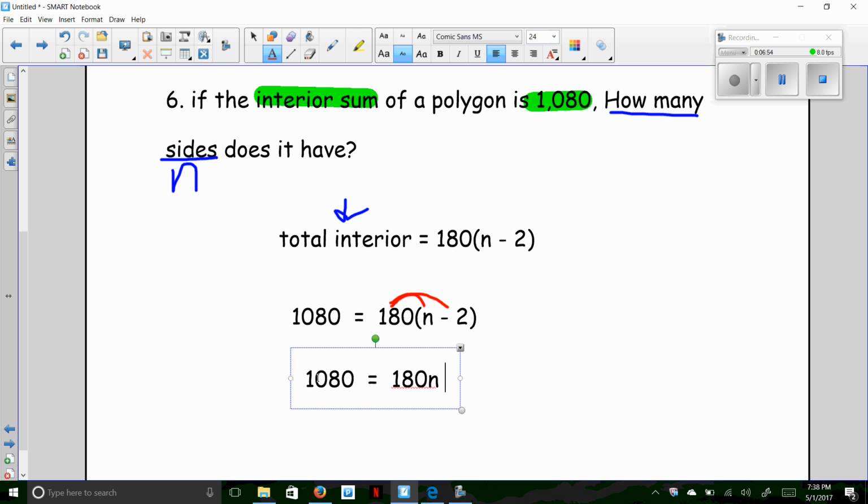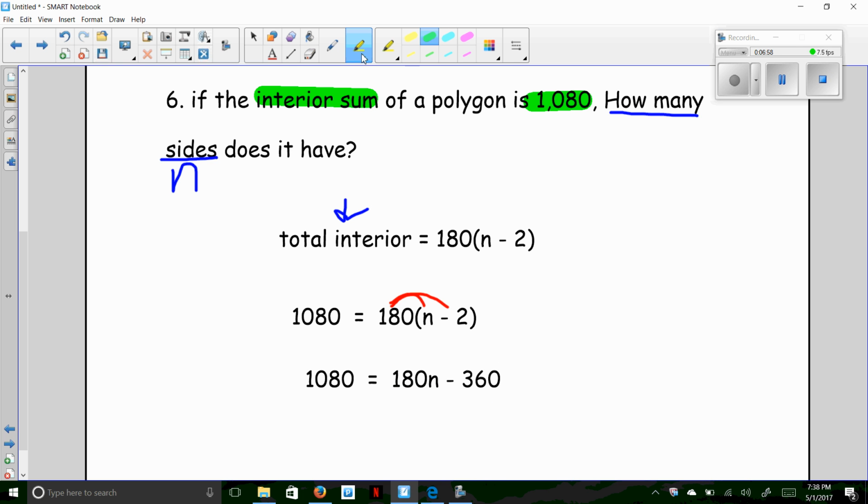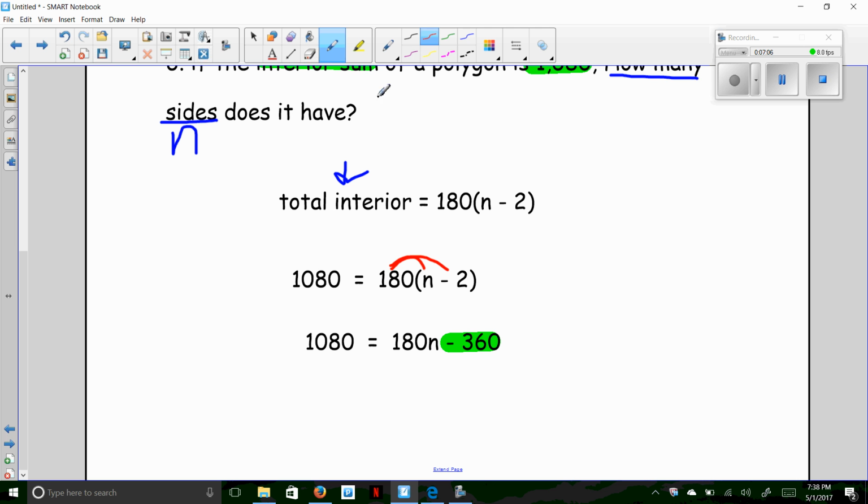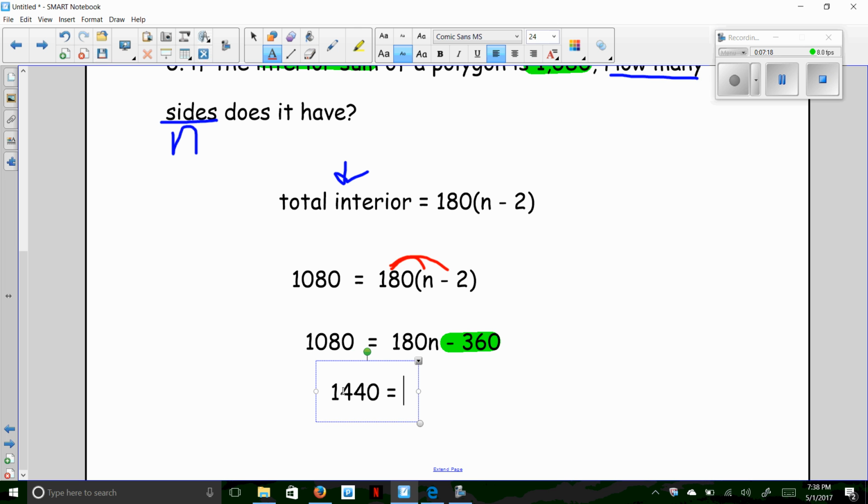180n minus 360. Once again, I'll say this to help us get used to this and memorize this: that's a negative 360, so we should know that we're adding 360 to both sides. Let me get my calculator. 1,080 plus 360, and I get 1,440 equals 180n.